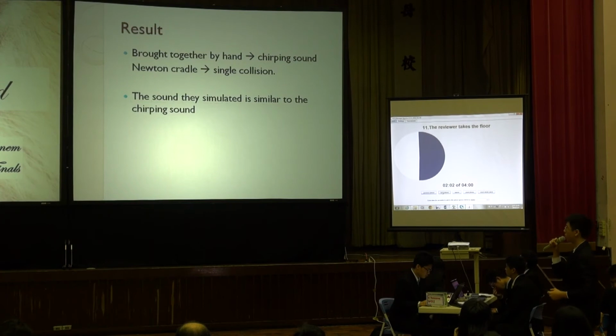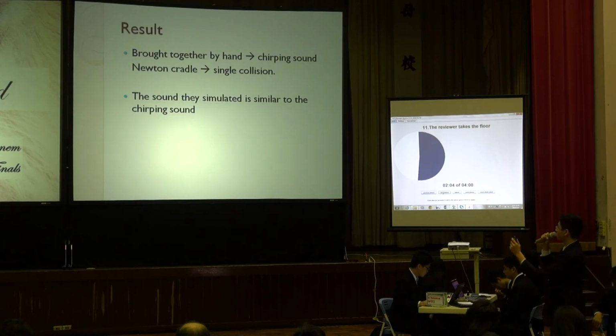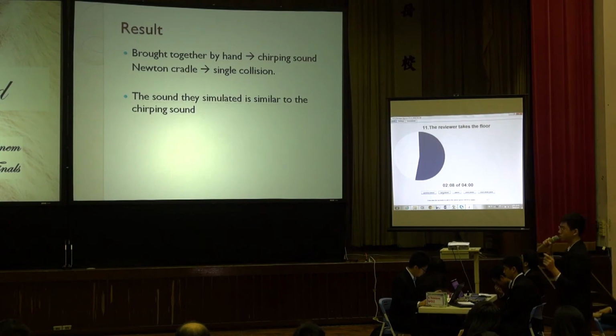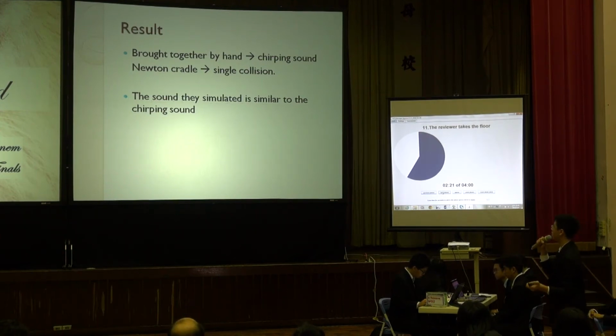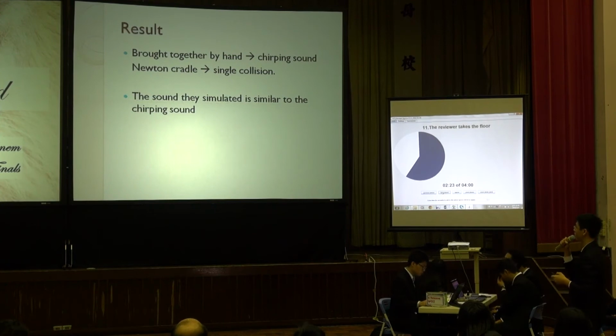As the result of the report, when the two steel balls are brought together by hand, it will cause a chirping sound. But when the two steel balls are collided by a Newton cradle, we just hear a single collision. And the sound that is simulated is similar to the chirping sound.